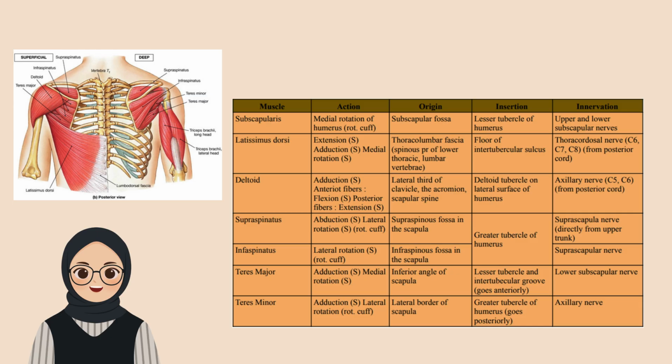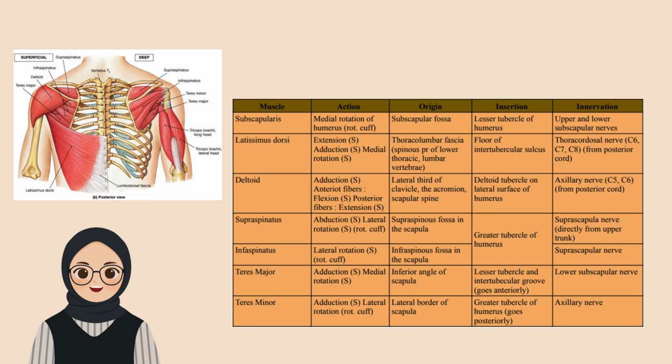And then infraspinatus. The action of infraspinatus is lateral rotation. The origin is infraspinous fossa in the scapula, and insertion is greater tubercle of humerus, and the innervation is suprascapular nerve.